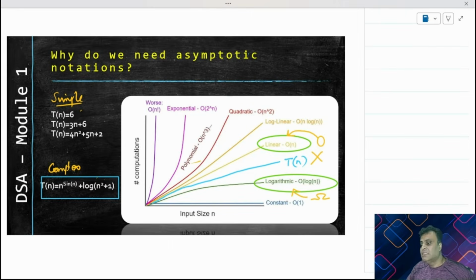And then you can go and say that my algorithm, which is Tn, does not take more time than a linear class, which is order of n, because my upper bound is order of n. And you can tell them that my Tn algorithm does not take any less time than a logarithmic complexity class, which is order of log n, because your lower bound is order of log n.